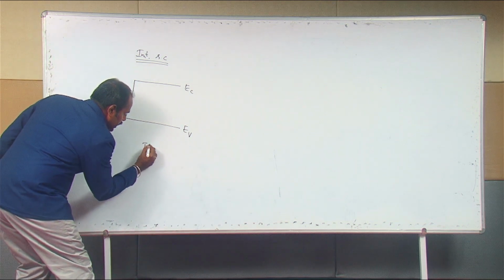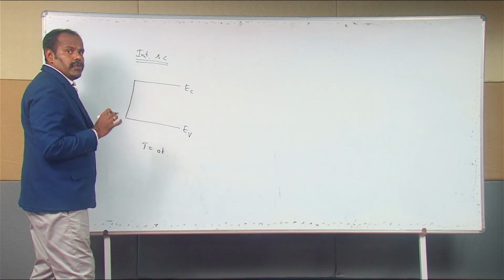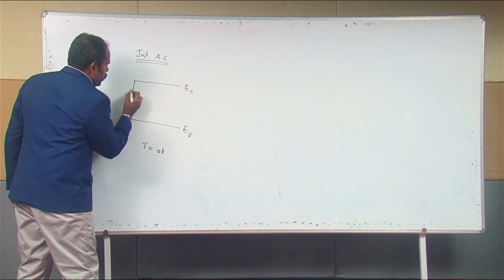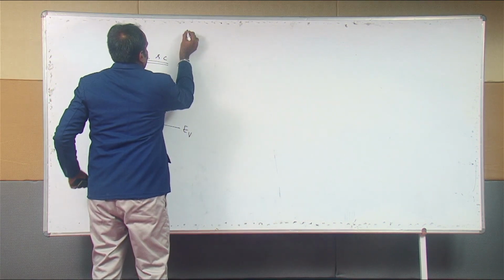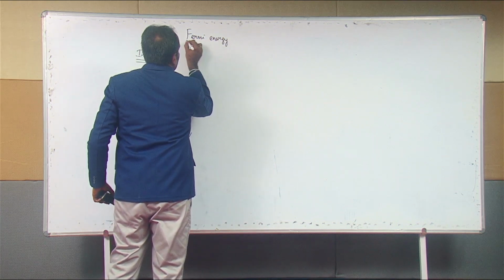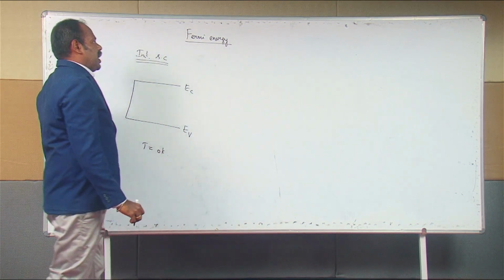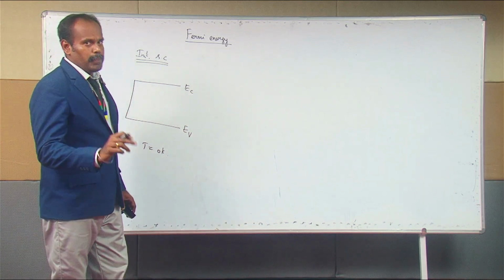And when T is equal to 0 Kelvin, the value of the Fermi energy, which is usually referred to as EF, is what we are going to discuss: how it will lie for the intrinsic semiconductor, n-type semiconductor, and p-type semiconductor.